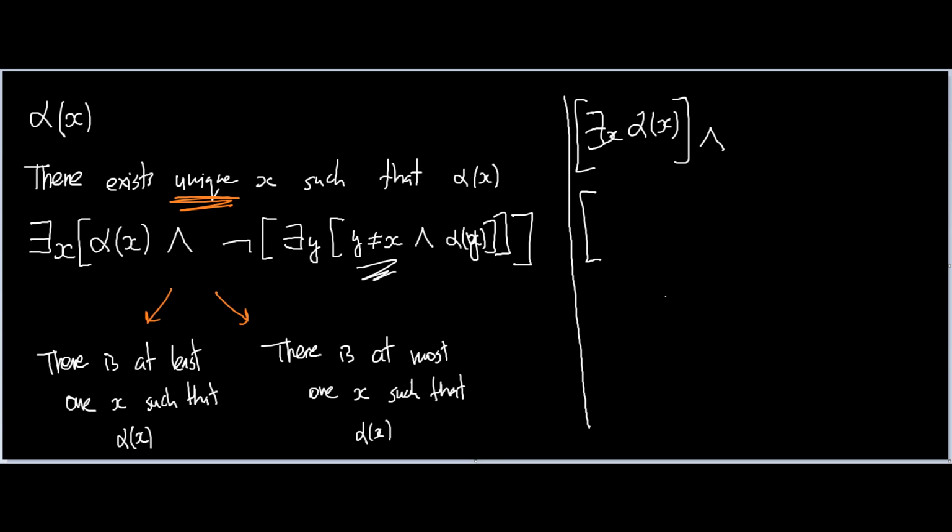Now, how do we say that there is at most one? What does it mean for there to be at most one? We have to ask that question to ourselves. Can we explain that in more basic terms?